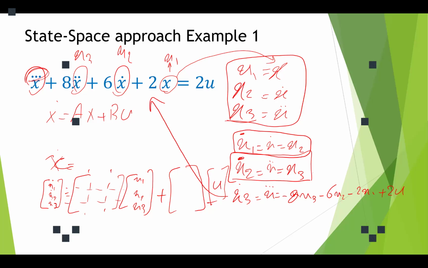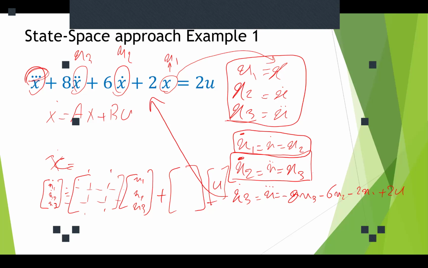So what would be the first row of the A matrix? It is not dependent on x1, so it's 0. It only has 1 times x2, so this is 1. And it doesn't have x3, so this is 0. Are we good?